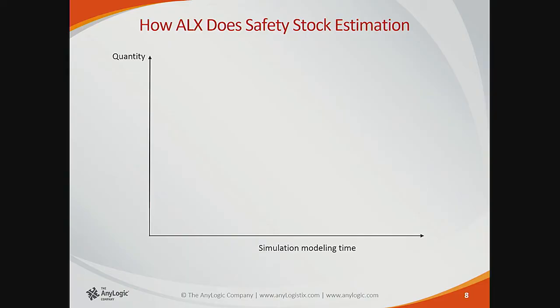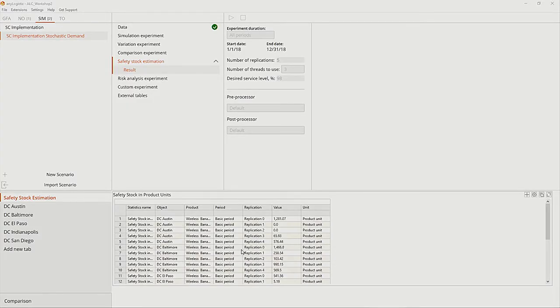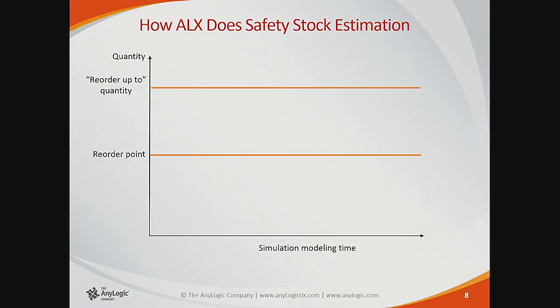And this is what we do in AnyLogistix. So we have a reordering point, and we have a reorder up to point. So we introduced what we call redundant safety stock.